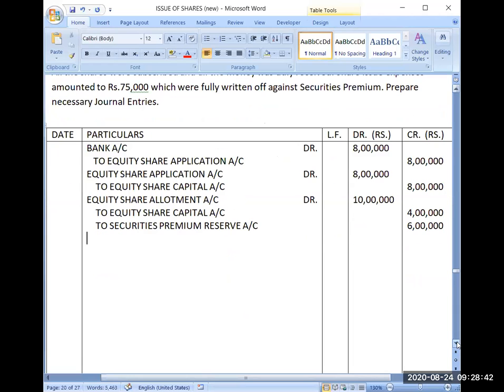Okay, now what will happen? Shareholders will receive this letter that our allotment money is due. We have to pay rupees 5 per share. According to their number of shares, they will start sending you money. So you will start receiving the money, bank account debit, to equity share allotment account.